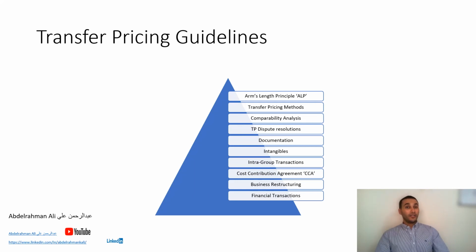We will take a closer look, but this is the pyramid of knowledge inside the TPG. Stay tuned. We will look at it in more detail and discuss some key aspects of each chapter in the pyramid of knowledge.